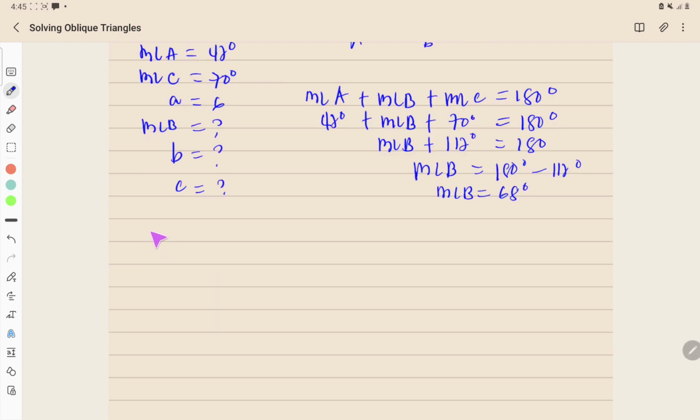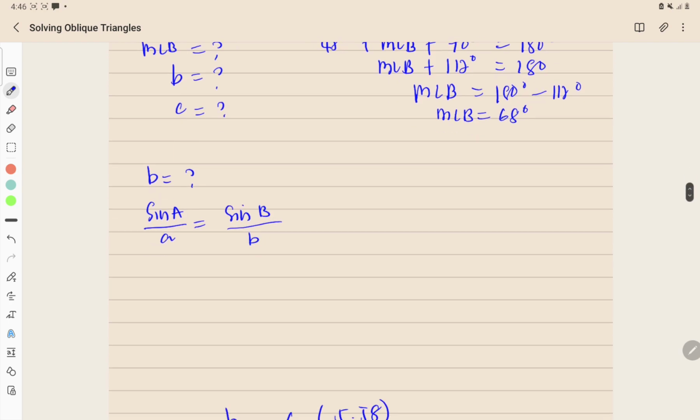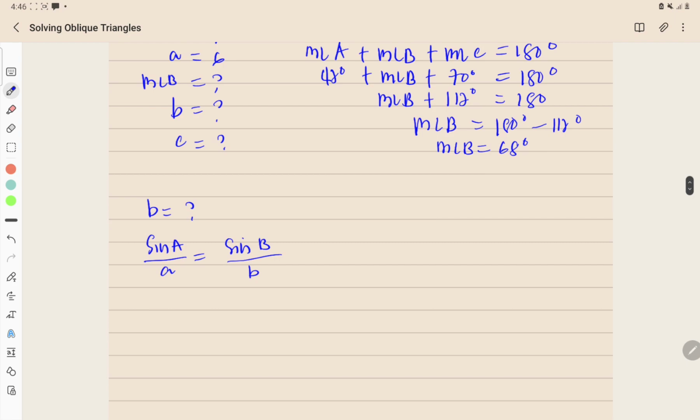From the available data, we can now solve for b. We can use sine A over a is equal to sine B over b. Plugging in values, sine 42 degrees over 6 is equal to sine 68 degrees over b.